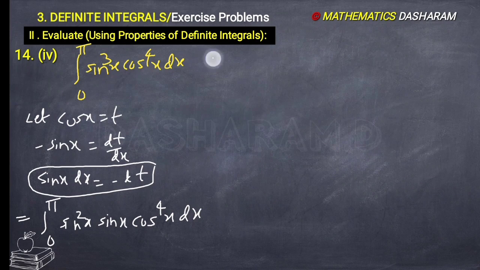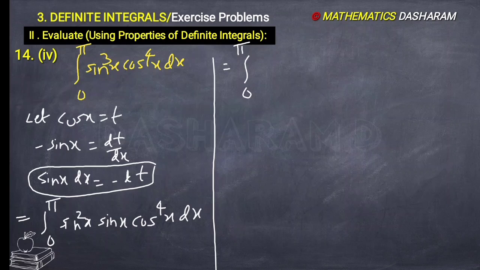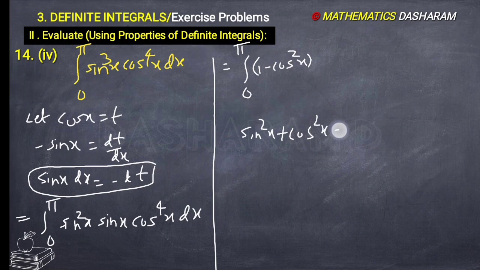So then it is equal to integration 0 to pi, sin square x we can write as 1 minus cos square x. Why? Because we have one property: sin square x plus cos square x equals 1. From this property we can write sin square x equals 1 minus cos square x.